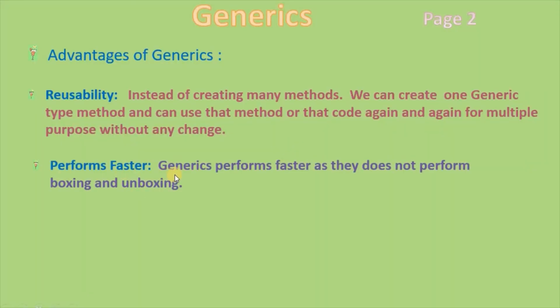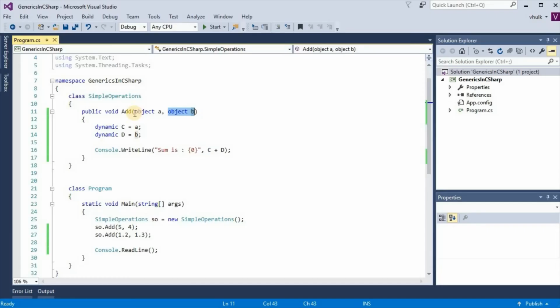Performs faster. Generics perform faster as they do not perform boxing and unboxing. When we use object type here and pass these values to this method, the conversion of value type to object type happens, meaning boxing happens.